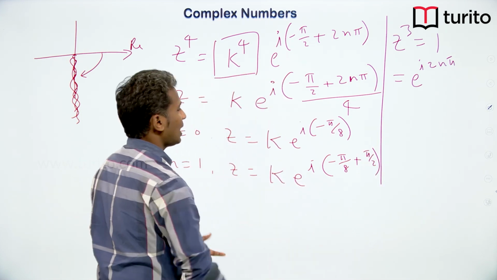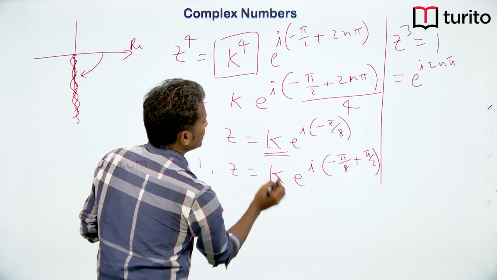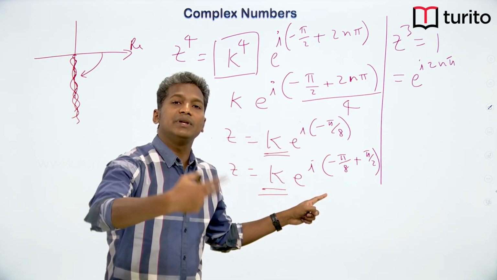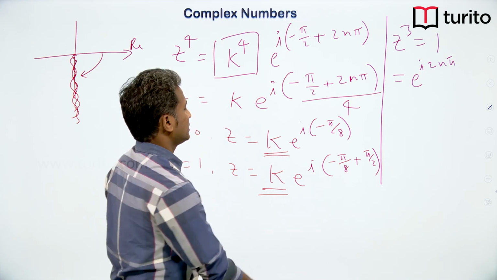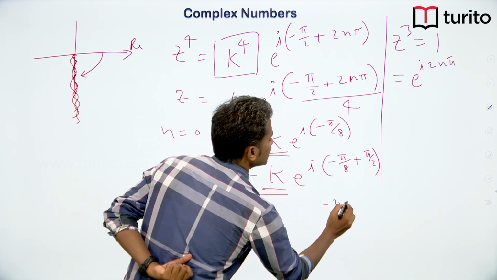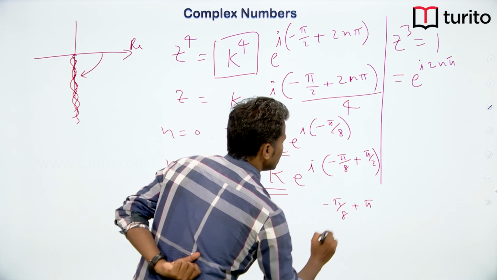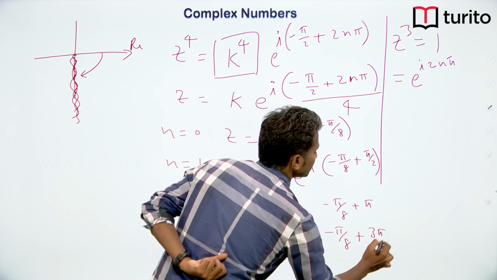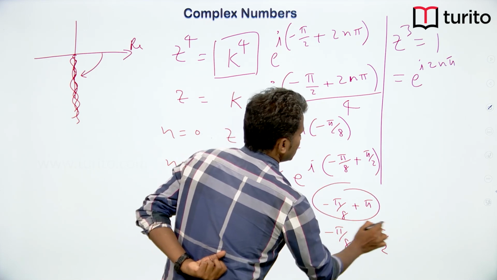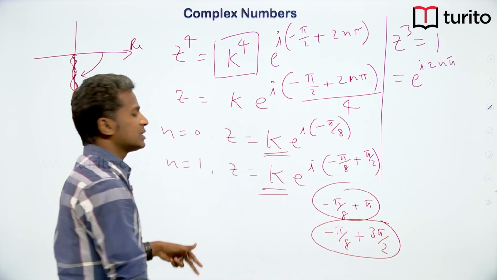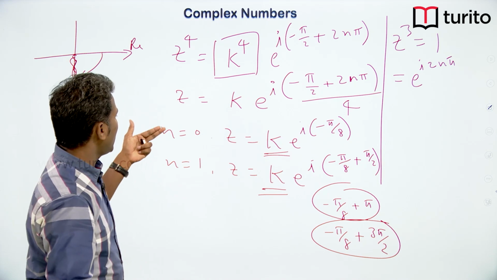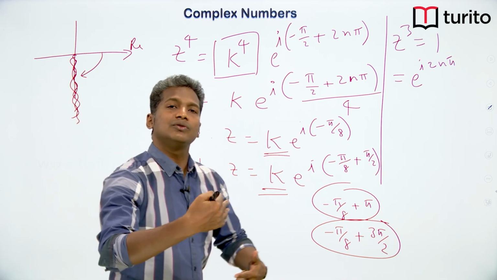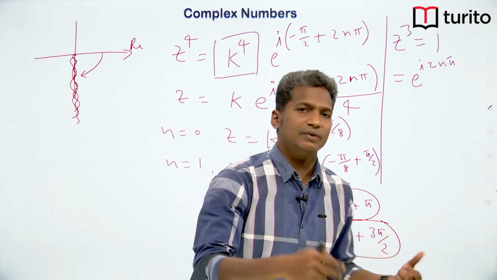This way I will get the same magnitude k, but angles are every time shifted by pi by 2 units. The next angle would be minus pi by 8 plus pi, and the next angle would be minus pi by 8 plus 3 pi by 2. So, here I got 4 solutions for z depending on n going from 0 to 3. Later on if I put n equal to 4, n equal to 5, the same solutions will repeat.